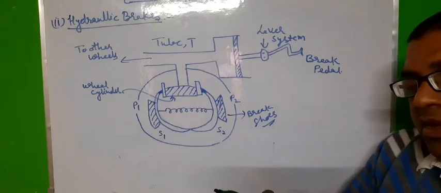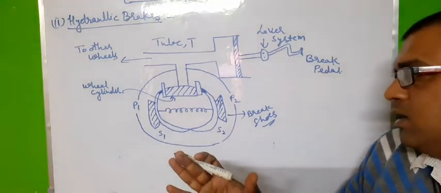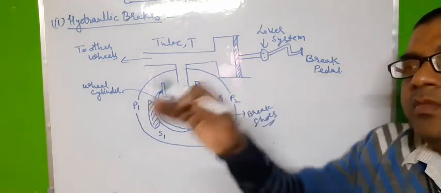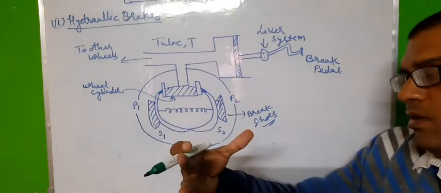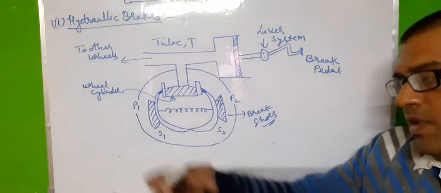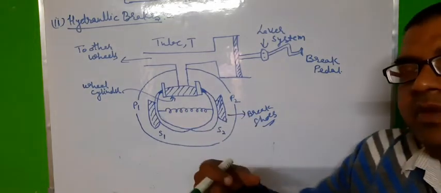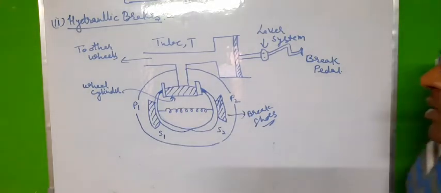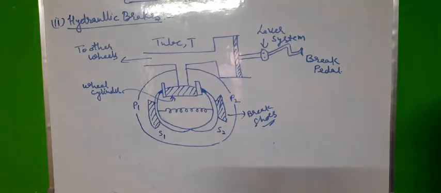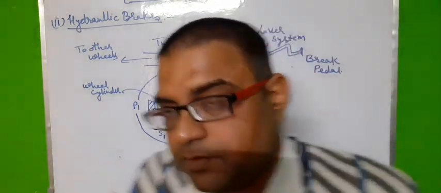These brake shoes try to cover the wheel system, and the rotating wheel stops there. So this is the mechanism of hydraulic brakes.